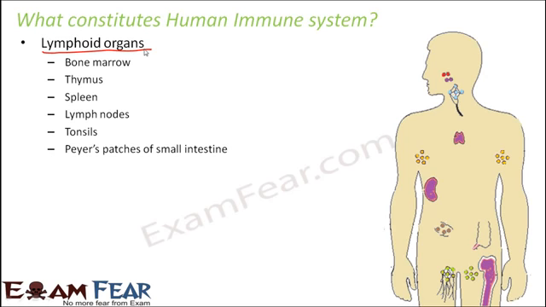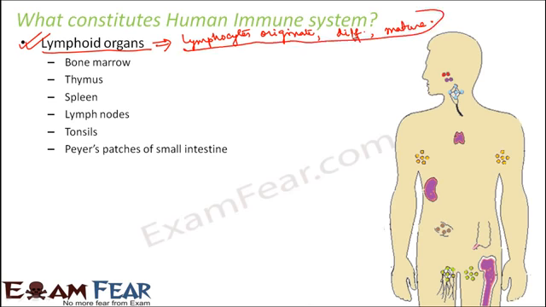The organs where these lymphocytes originate, differentiate, proliferate and become matured are known as lymphoid organs, because lymphocytes take birth here, grow here, differentiate here and become mature here.